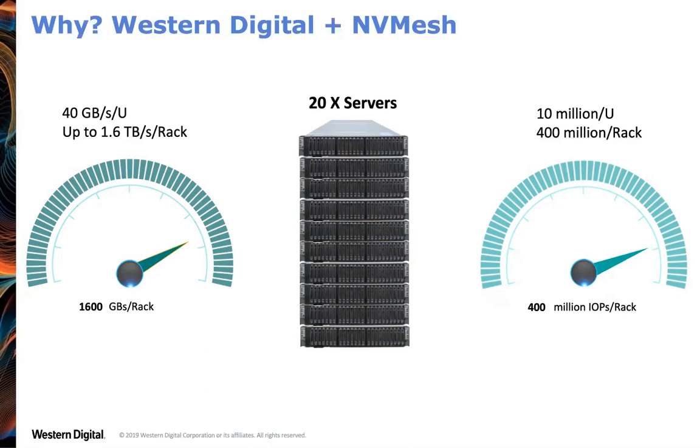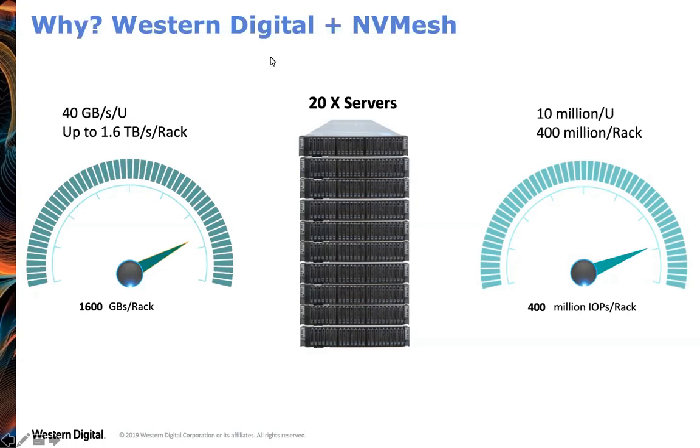That's the beauty of NVMesh and WD together here, is that you can start with a single unit, 2U, 24 drives, and then you can grow that later and grow your volumes and grow your environment, all without losing any performance. In fact, as you add systems, you have linear growth at 80 gigabytes per second of read performance per unit. And the IOPS are also equally impressive. We're going into the hundreds of millions of IOPS per rack.